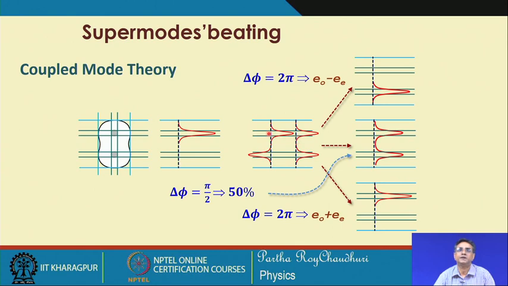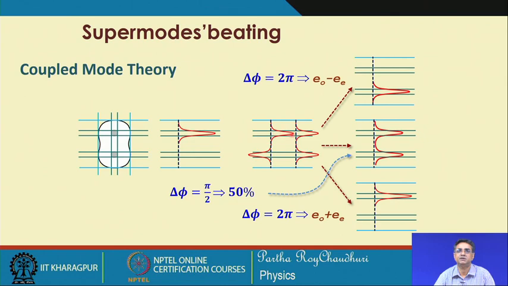If we take z equal to 0, the phase difference between these two modes matters, because this mode has a slightly lesser propagation constant and this has a slightly more propagation constant. So, the velocity of this mode will be more than the velocity of this. There will be a phase difference between these two, but at z equal to 0, at the starting point, the phase difference is 0.